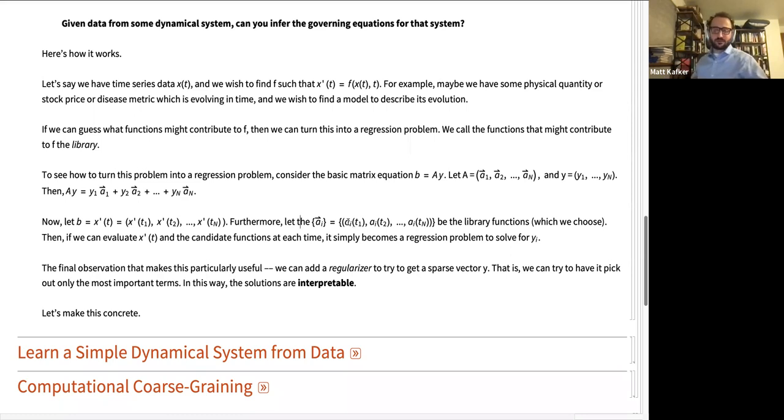And so, if we're able to compute these things, we have a list of numbers, which is B, and then a matrix of numbers, which is A. And then we're basically going to do a regression to solve for Y, with the further restriction that it be sparse.